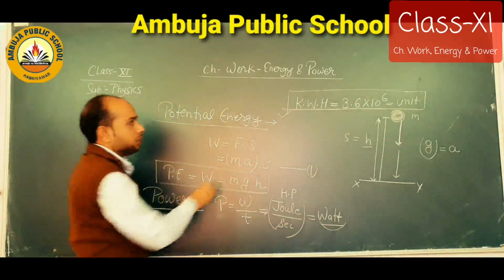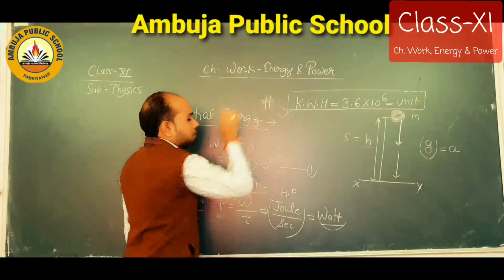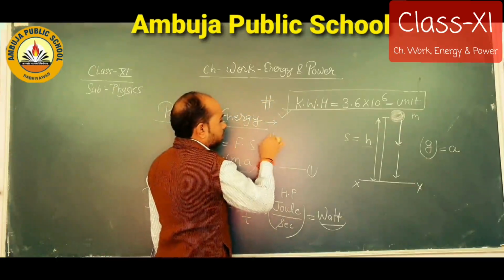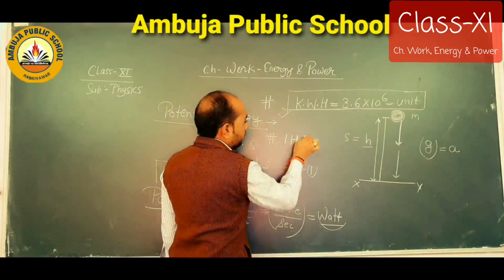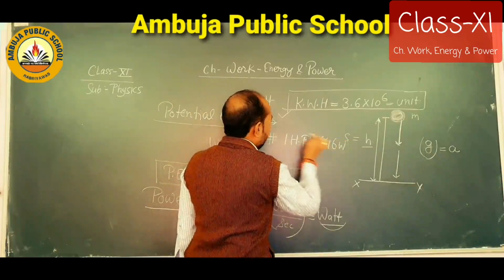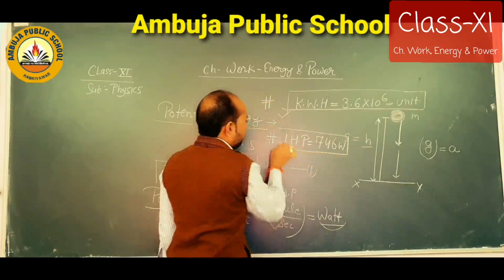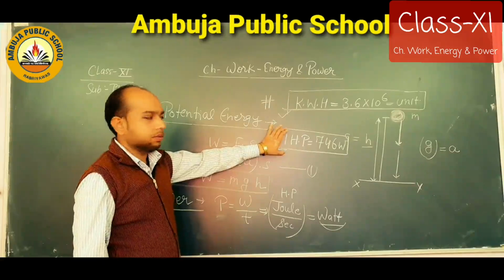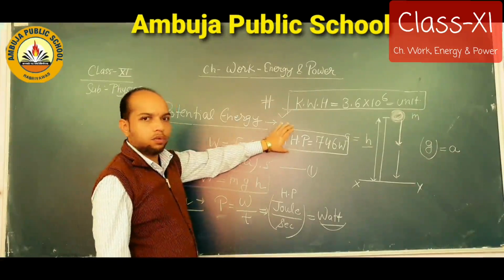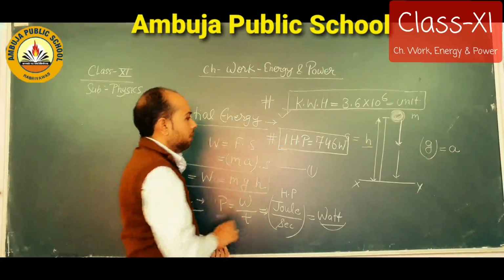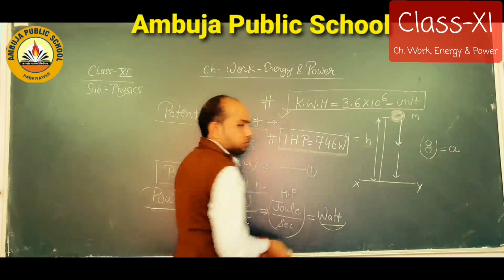One more unit is there for machinery. This is called horsepower. So 1 horsepower equals 746 watt. This unit is for machinery purposes, and generally we use this unit for electricity pumps, and in power plants also.